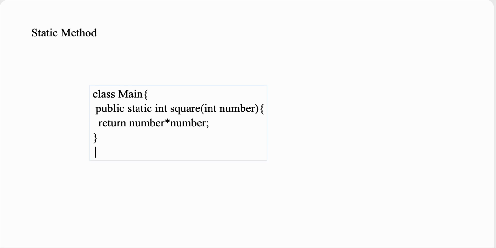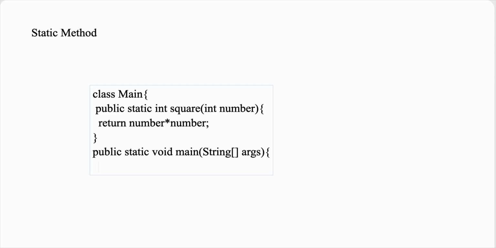Okay, so then public static void main, String args. No need to create an object.